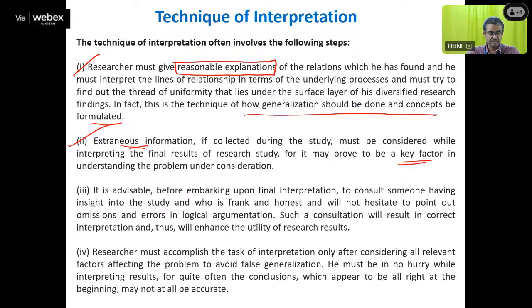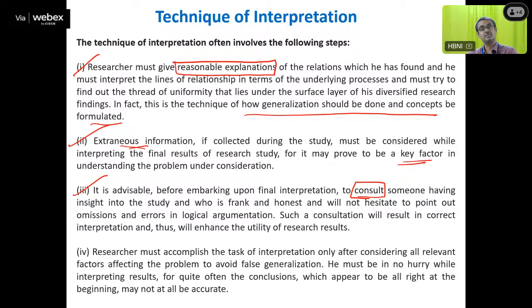Okay. Third, it is advisable before embarking on final interpretation to consult someone having insight into the study. So the technique also involves consultation with experts, which we have discussed in previous classes as well, how consultation with experts, supervisors, or persons in a similar field helps you.